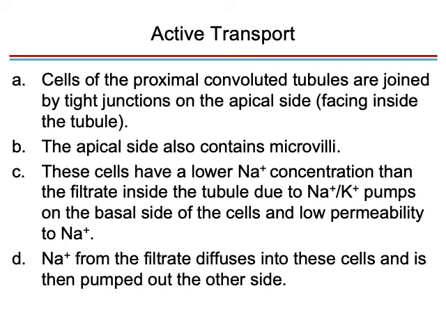This slide merely shows you the active transport of sodium from one side of the nephron to the other, proximal convoluted tubules. And then from there, it's picked up by the capillaries that surround the proximal convoluted tubule.